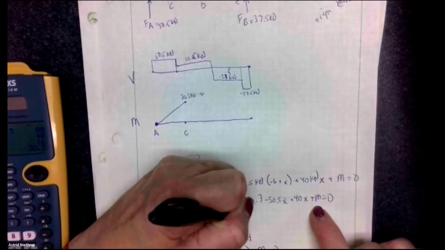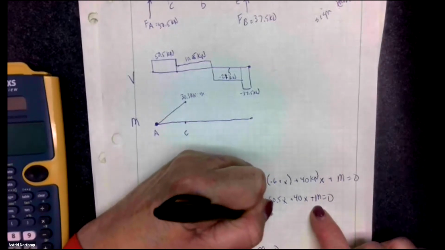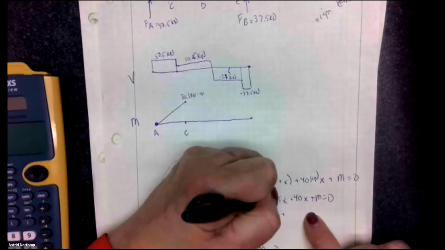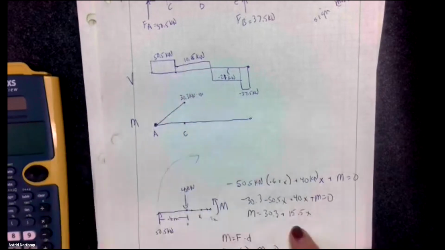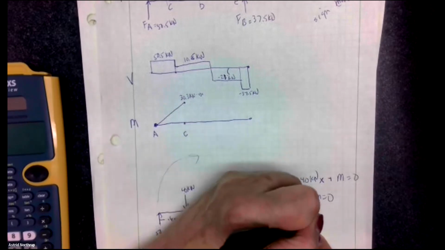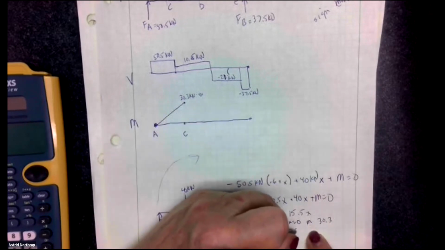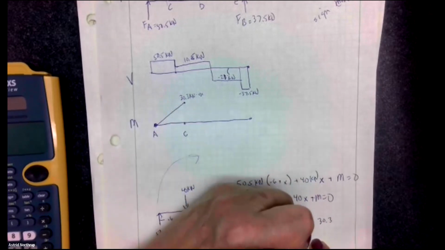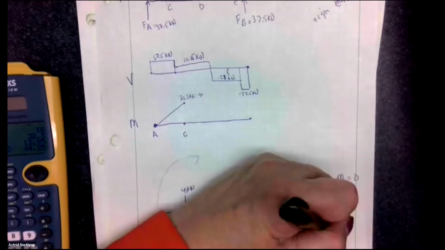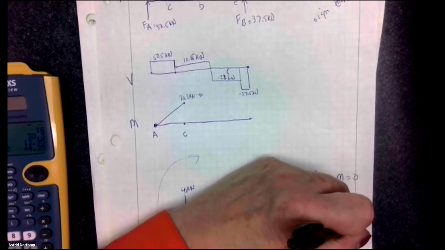All right. So here then I get the moment is going to be equal to 30.3, right? Because it comes over as a positive. Then this is going to come over as a positive 15.5x. Okay, well, when x is equal to 0, the moment is equal to 30.3. But when x is equal to 0.9, the moment is going to equal 0.9 times 15.5 plus 30.3, which is 44.25 kilonewton meters.